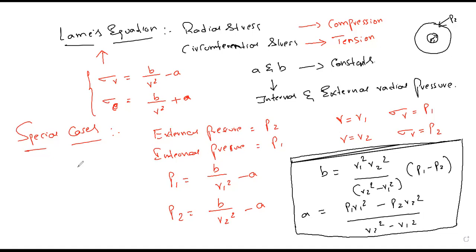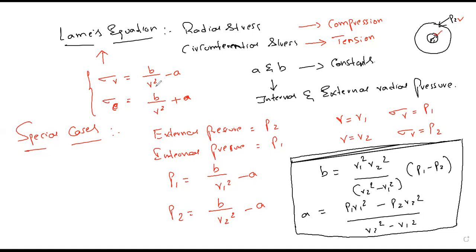In your examination, they may ask you to calculate the internal and external pressures in a thick cylinder, like P1 and P2. You can make use of the radial stress formula, B by R square minus A, to calculate the internal and external pressures. How better we can write this formula with respect to R1, you can calculate the internal pressure.